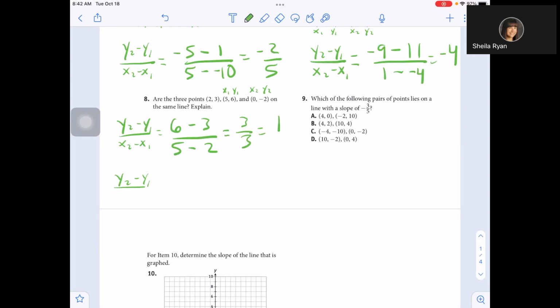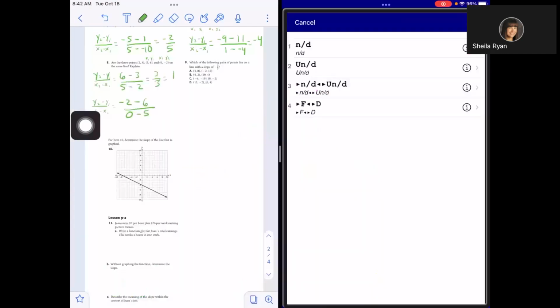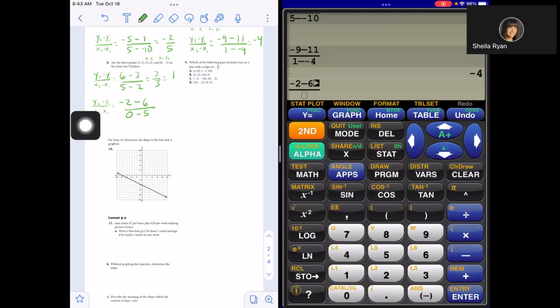y2 minus y1 over x2 minus x1. y2 is negative 2 minus y1 is 6. x2 is 0 minus x1 is 5. Negative 2 minus 6 on the top and 0 minus 5 on the bottom.